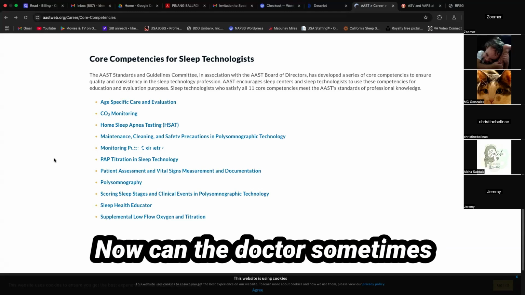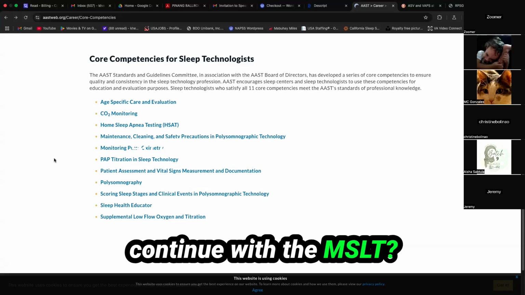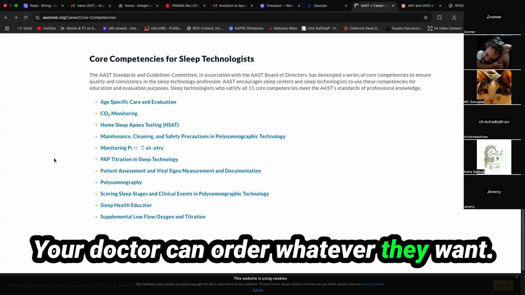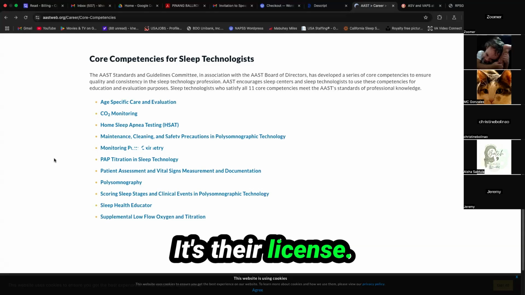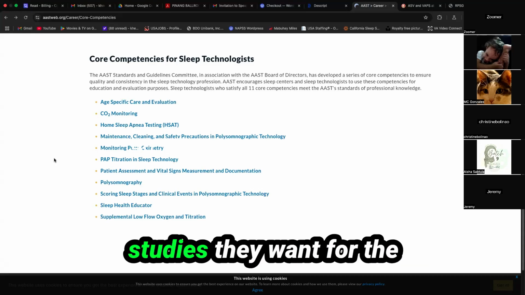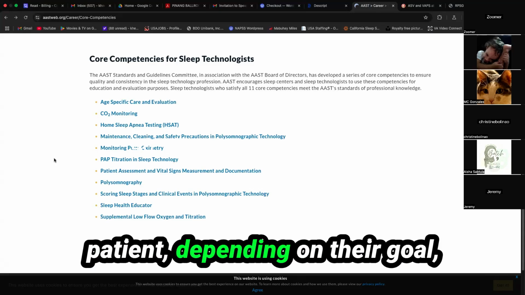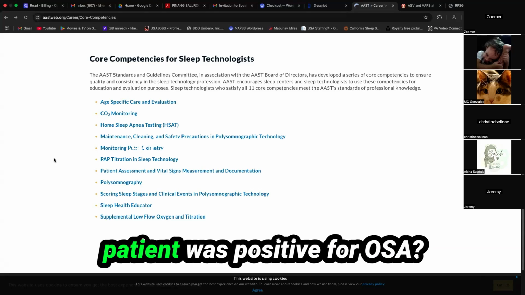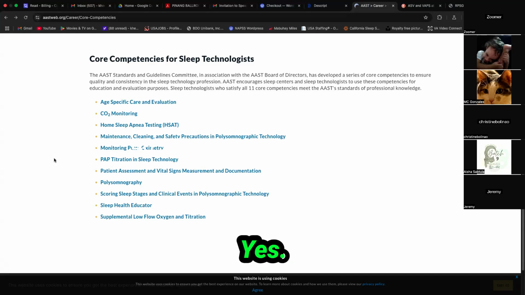Now, can the doctor sometimes continue with the MSLT? Yes, it's their call. Your doctor can order whatever they want. It's their license. They can make us do whatever studies they want for the patient, depending on their goal. Have I seen MSLTs performed even after we find out that the patient is positive for OSA? Yes.